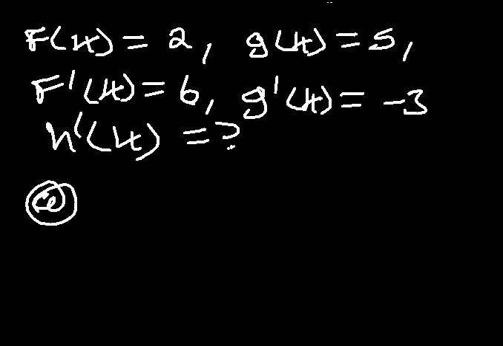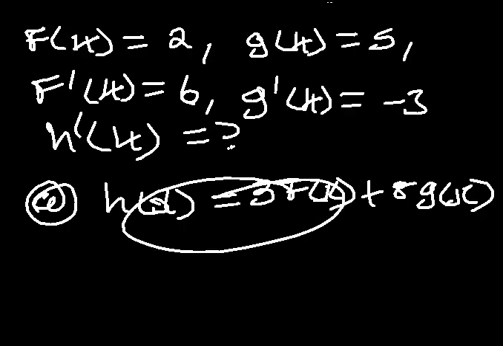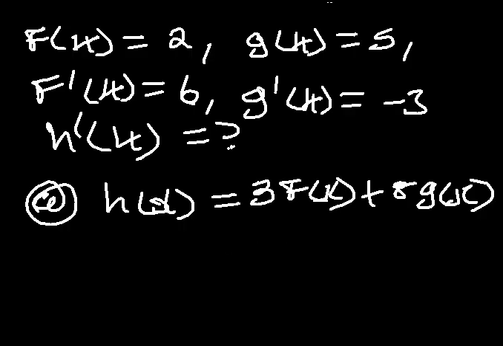Let's say part a: we have h of x given as 3f of x plus 8g of x. Now how should we have h prime of 4? In this case, first thing, we're going to differentiate h of x.